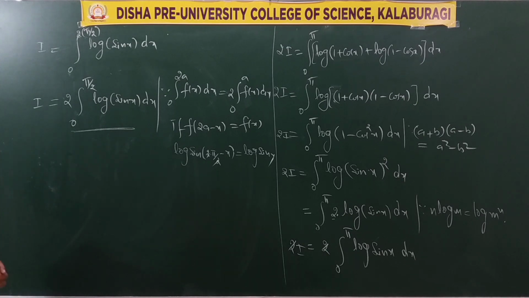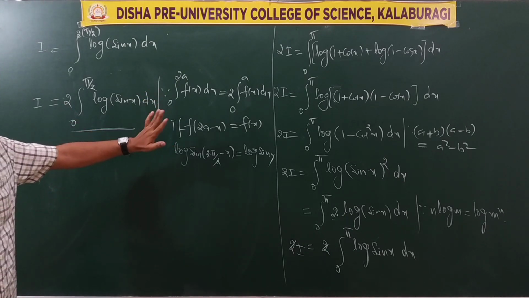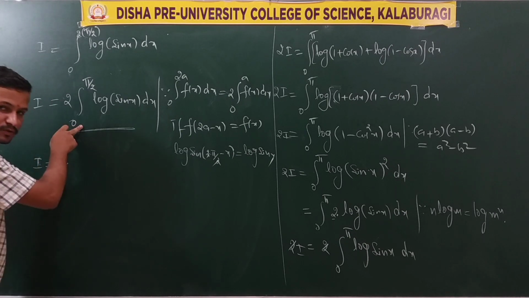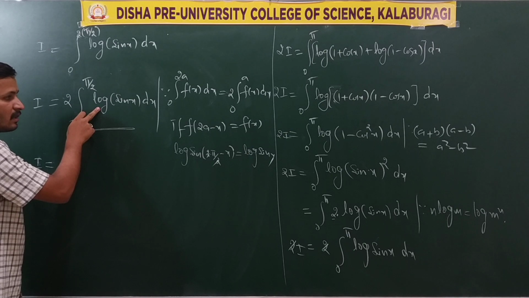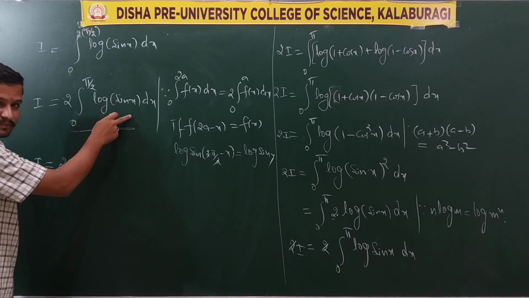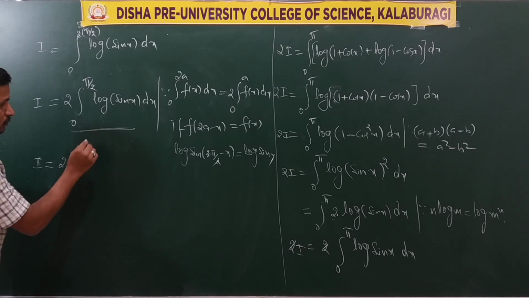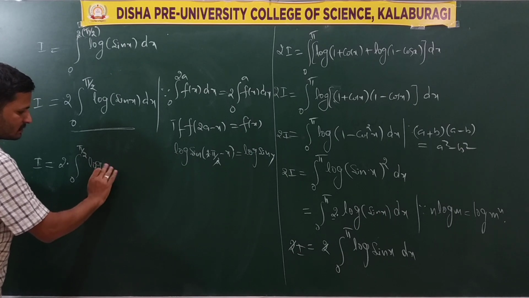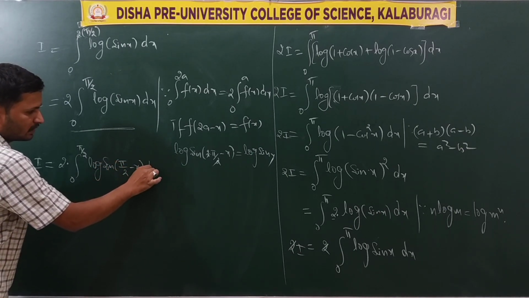If it is asked in the exam, write it the same way. So I is equals to 2 times, again, which property should we use here? Property number 5, that is integral 0 to a f of x into dx. So now 2 times the integral from 0 to pi by 2 of log of sin of pi by 2 minus x into dx.